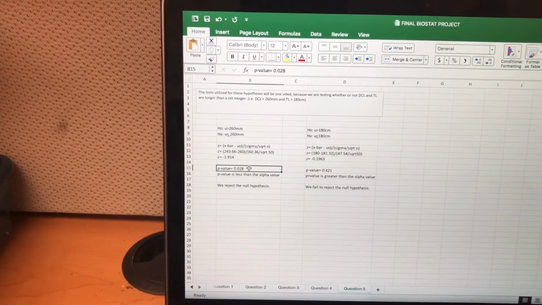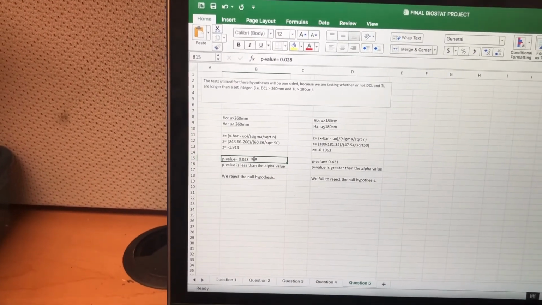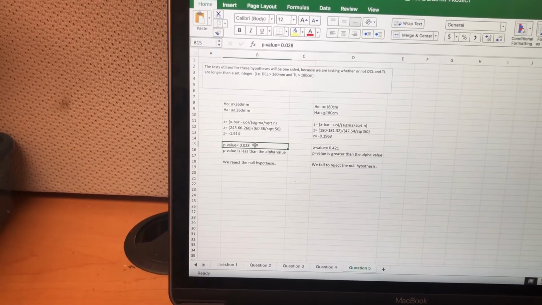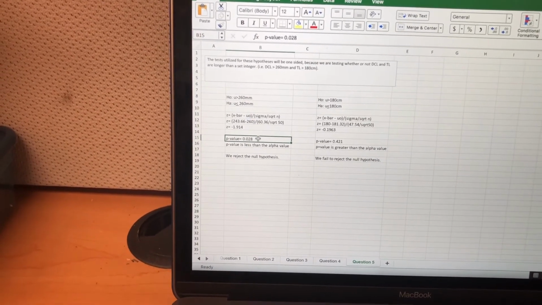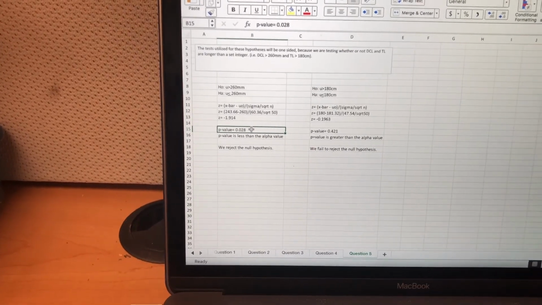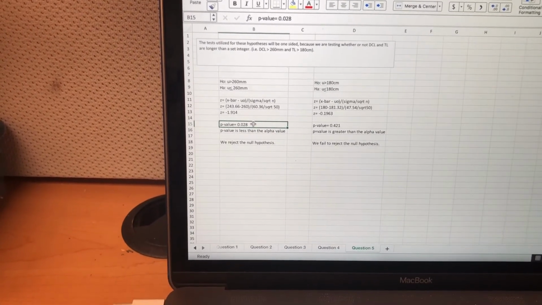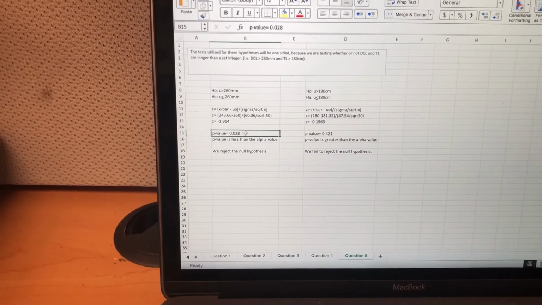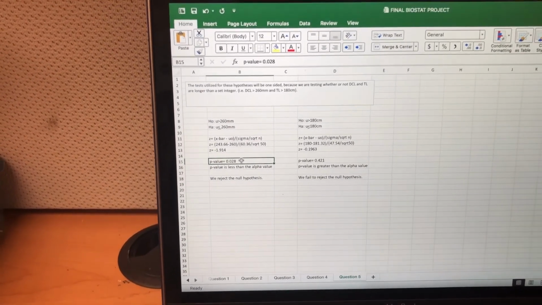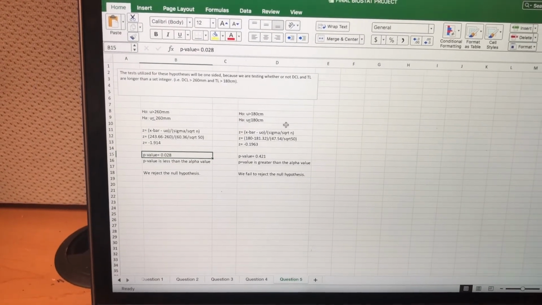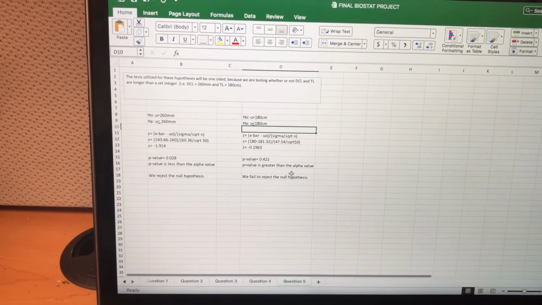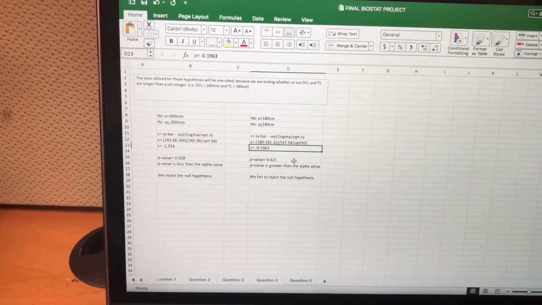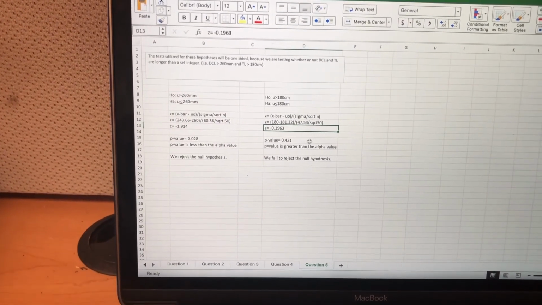And I utilized the z-table in the back of the textbook. So the p-value for the z-score of 1.914 is 0.028, meaning that the p-value is less than the specified alpha value, which is 0.05. So we reject the null hypothesis. While in total length, we used the same formula and got a z-score of negative 0.1963.